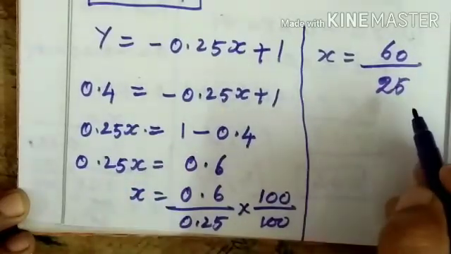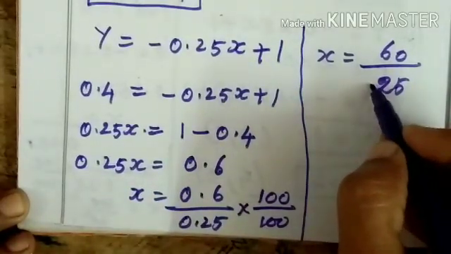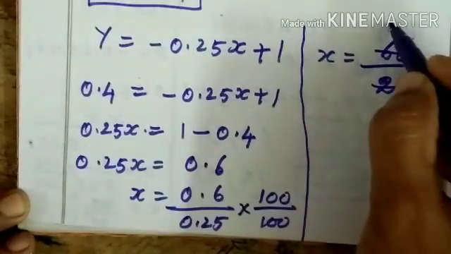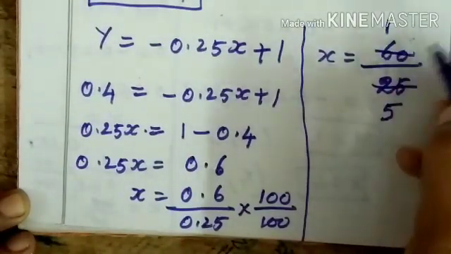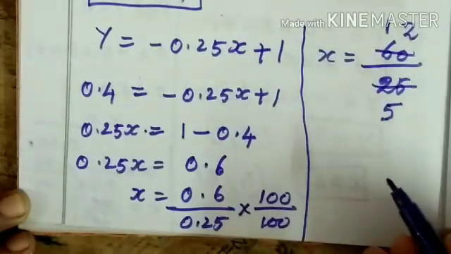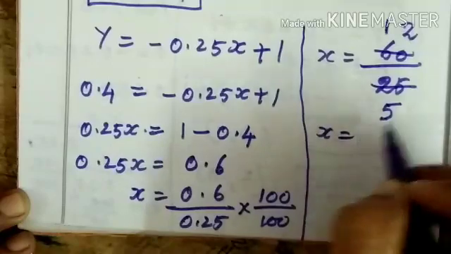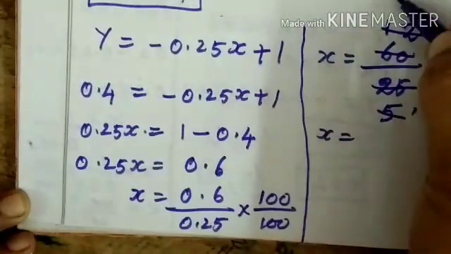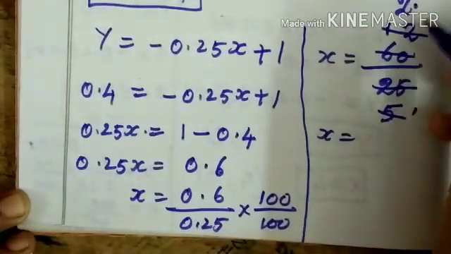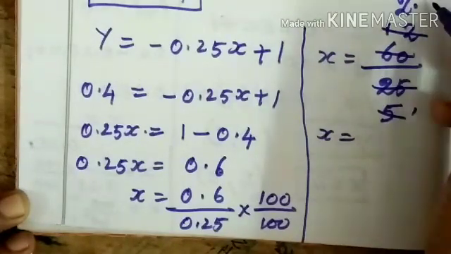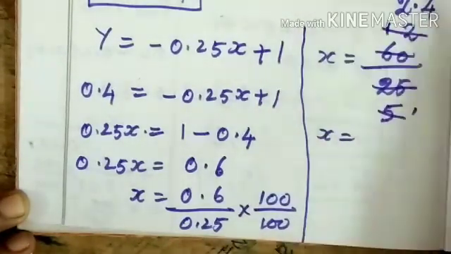Now, cancelling this by 5 table, we get 5 5s are 25, 1 5 is 5, remainder 1, then 2 5s are 10. Now you divide, and we get the decimal: 1 5 is 5, 2 5s are 10, remainder 2, you add 0 to make 20, then 4 5s are 20.